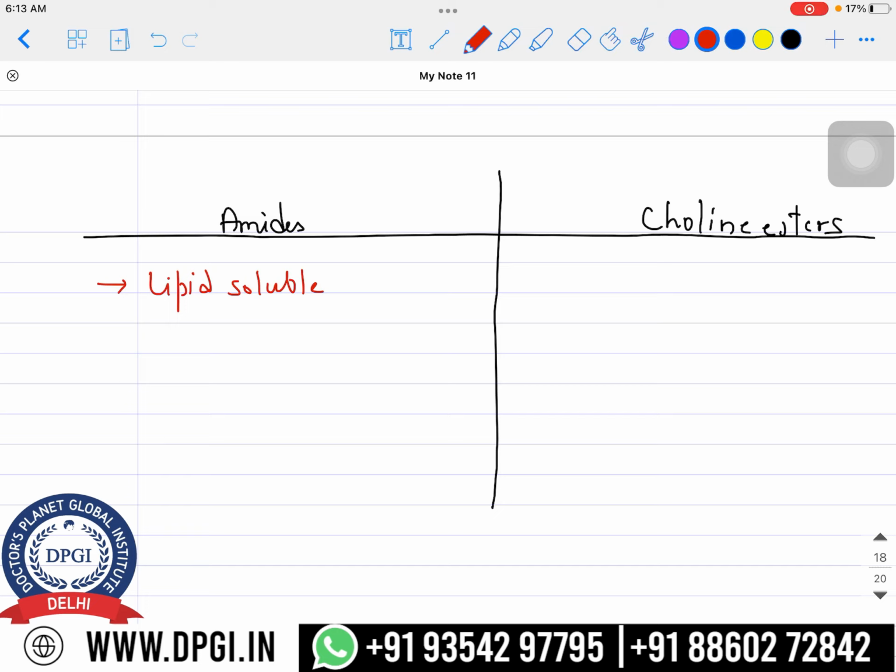So they don't need any carrier or transport protein. They will go through the cell membrane very easily as they are lipid soluble. It means they can cross the blood-brain barrier, as our blood-brain barrier is also made up of lipids, right? So this is very easy.